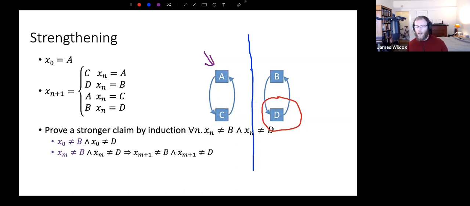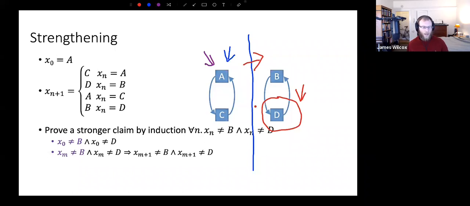It's finding a way to partition the states of the graph so that the initial state is on one side of that partition, all the bad states are on the other side, and the inductiveness check is that no edge crosses from left to right.